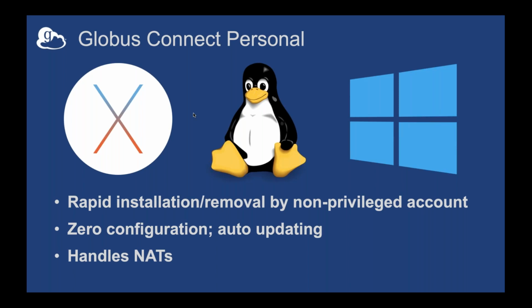It's basically one-click install, the sort of thing you'd expect if you're using sophisticated Windows, Macs, or Linux software. Importantly, it can handle the complexities of network address translation devices, so that it can operate, even if you have various forms of a firewall in place between you and the network.